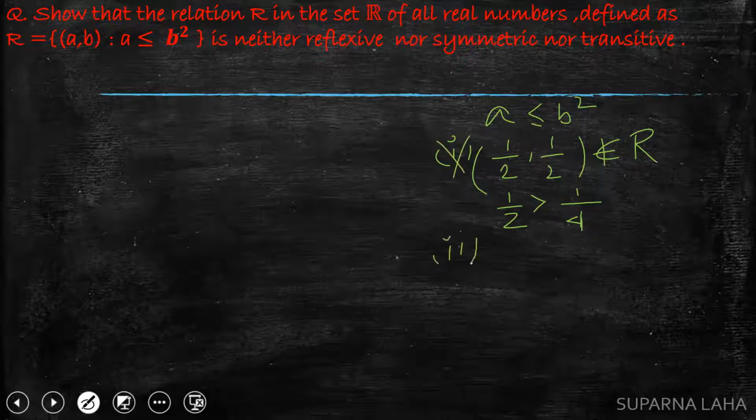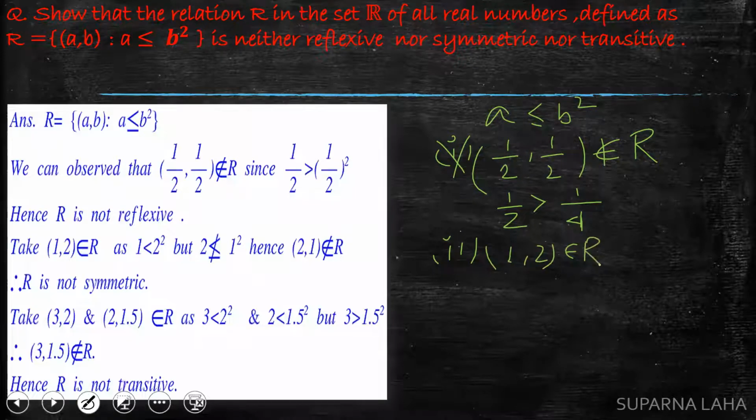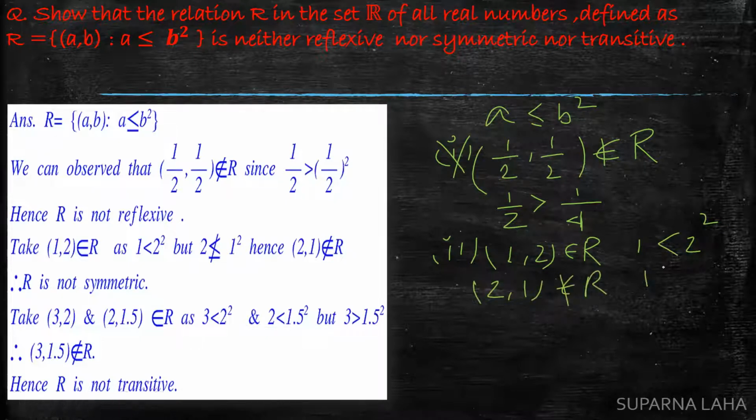Number 2, is it symmetric or not. 1 comma 2 belongs to this relation R, hence 1 is less than 2 squared, but 2 comma 1 does not belong to R, since 2 is greater than 1 squared. So number 2 is not satisfying, that is not symmetric. Number 3, transitive property.